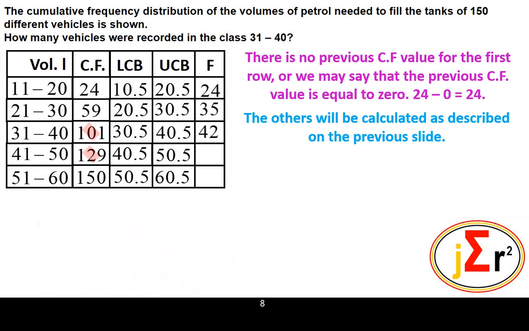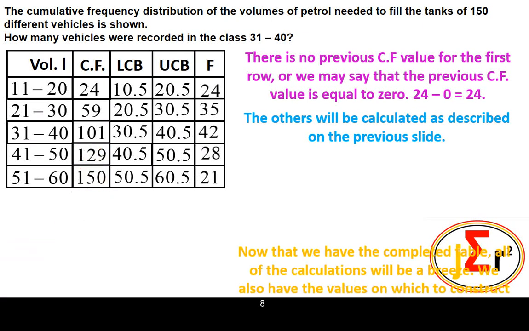And what do we say for the next one? 129, and from that we are going to subtract 101. And then 150, and from that we will subtract 129. Right, so all of those values are easily calculated, and the practicality of it is very simple.